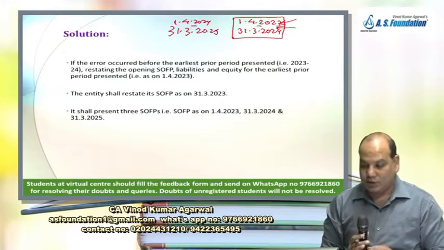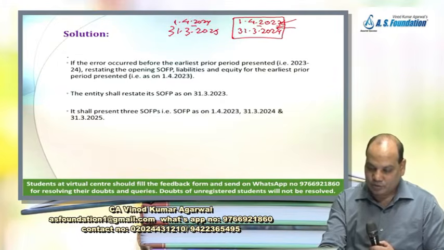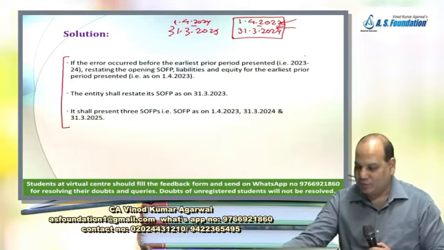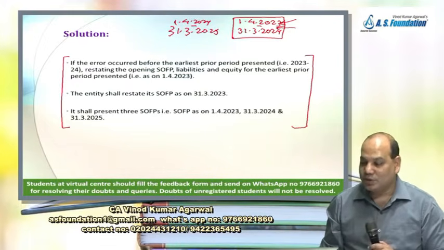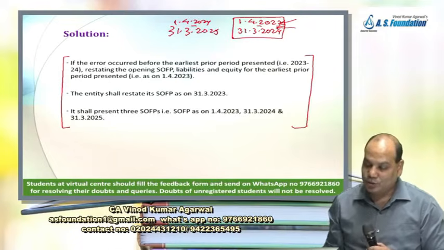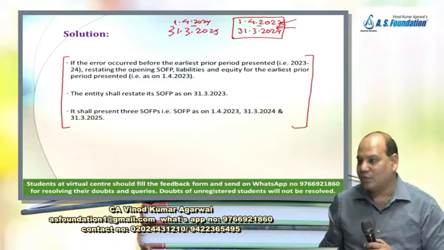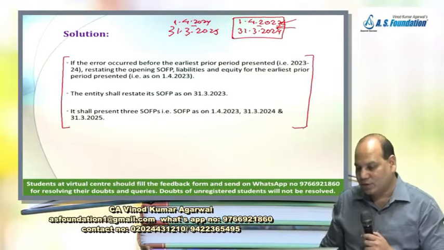So in fact this paragraph will make the company rethink before they make any error. Sometimes the error is made purposefully also. So if you make such an error or omission, there is a punishment. You have to do the retrospective adjustment and give one more financial position statement.